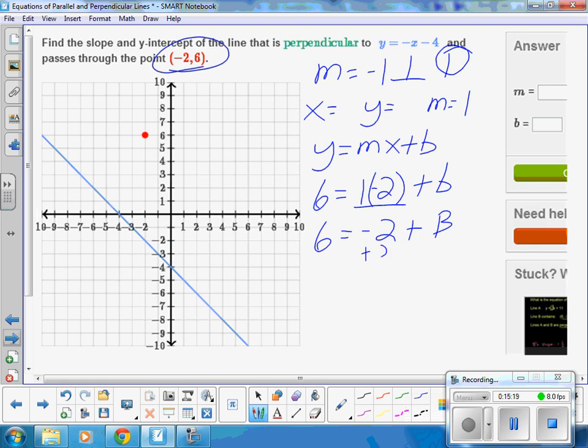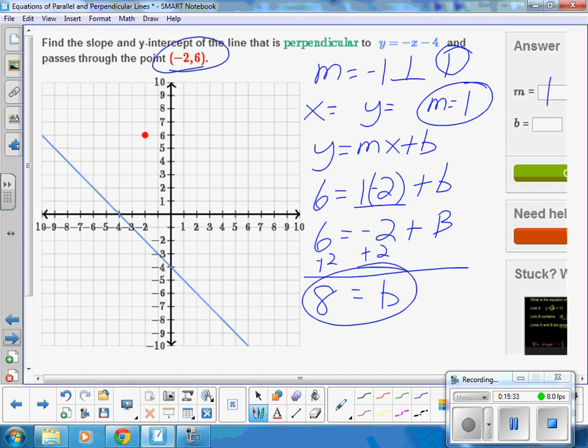I need to add 2 to both sides, so I get 8 is equal to my B. So my slope, we already put that in here as 1, and my B is 8. Let's take a look at the next problem.